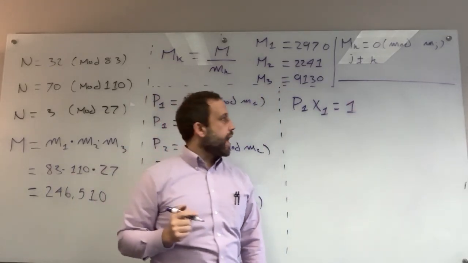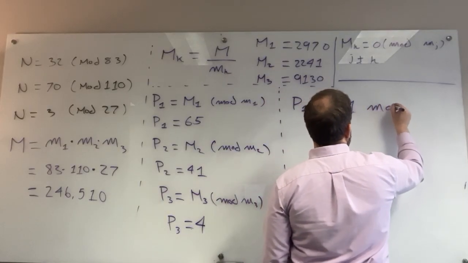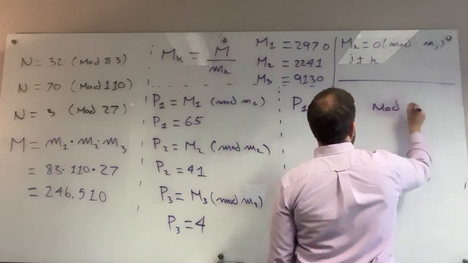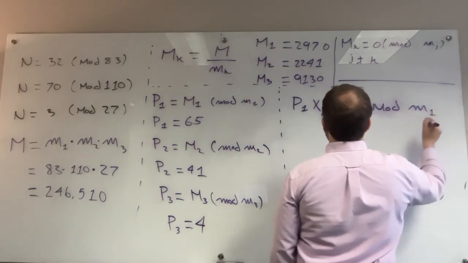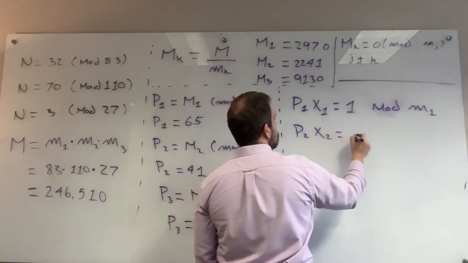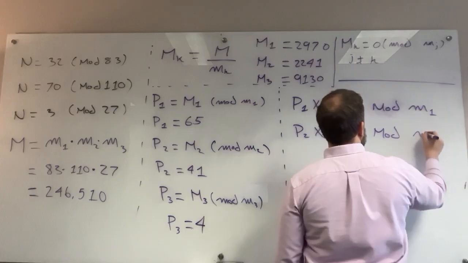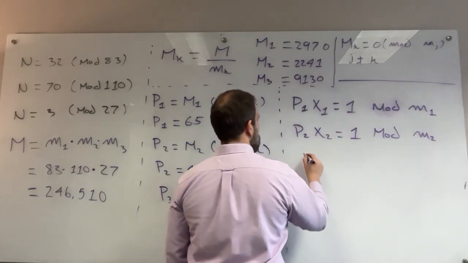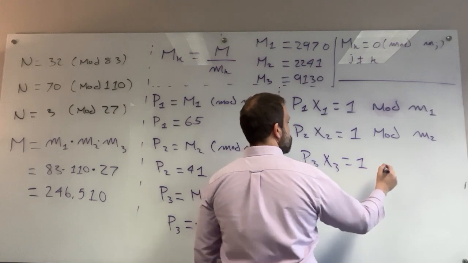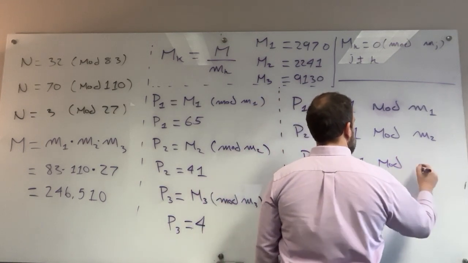We're going to solve P1 x1 is equal to 1 mod little m1, P2 x2 is equal to 1 mod little m2, and P3 x3 is equal to 1 mod little m3.